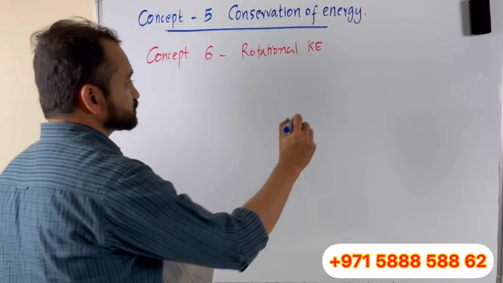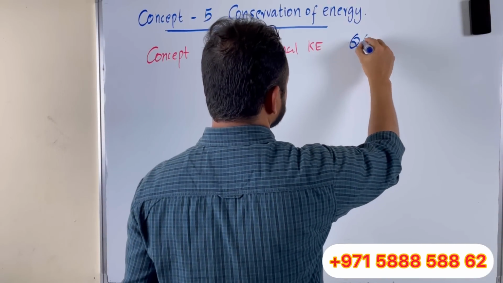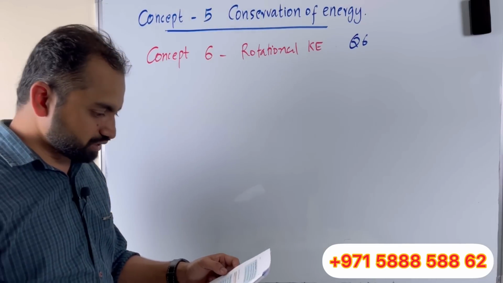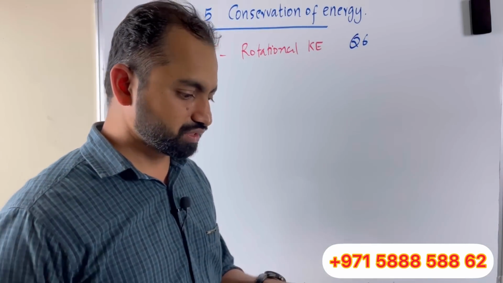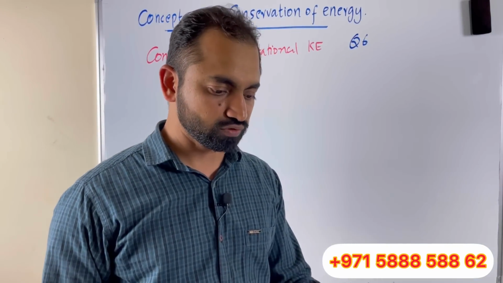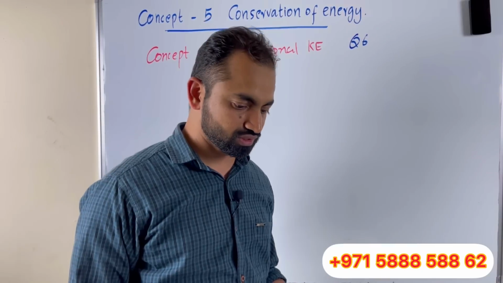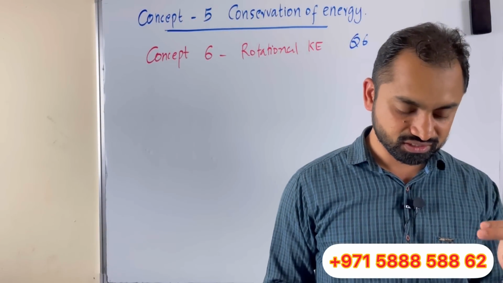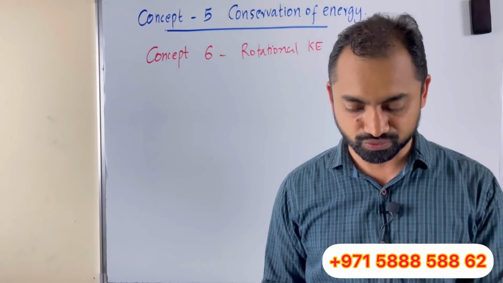Question number 6 in the EOT is from this topic. In the EOT, relate the rotational kinetic energy to the object's moment of inertia and its angular velocity. This is question number 6 in the EOT, on page number 207 of your textbook.